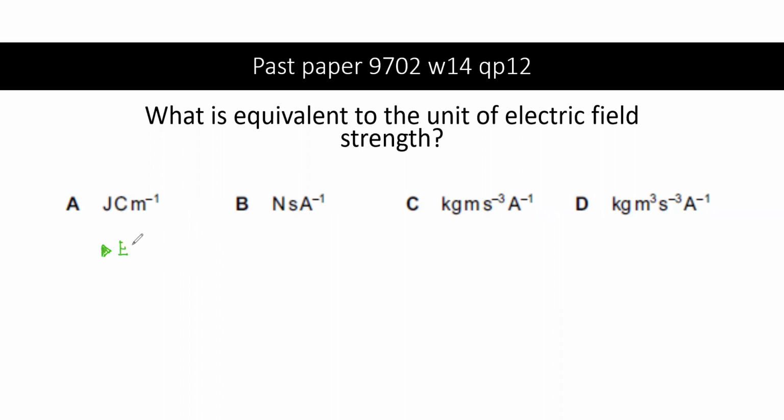The electric field strength is E. We can put E equals force divided by the electric charge. And the second one is E equals the potential difference over distance.